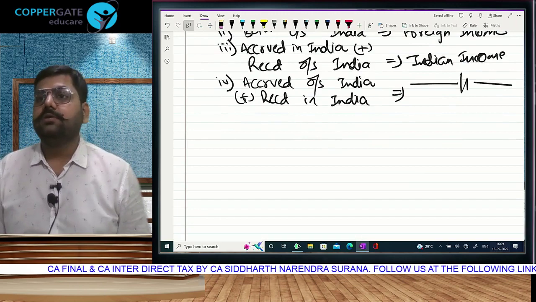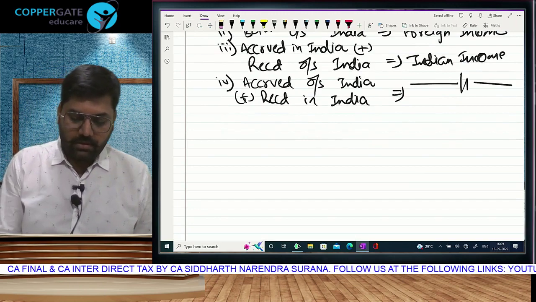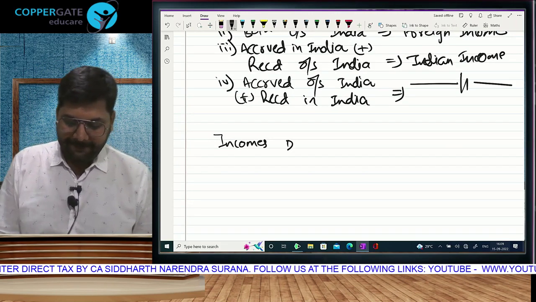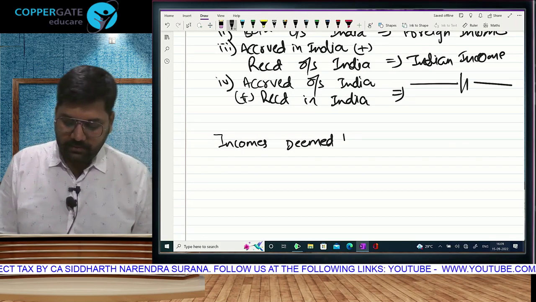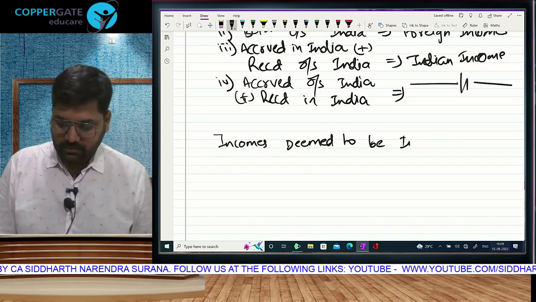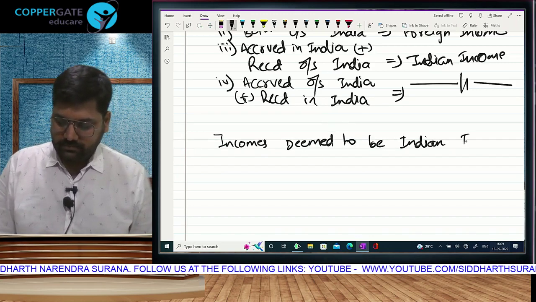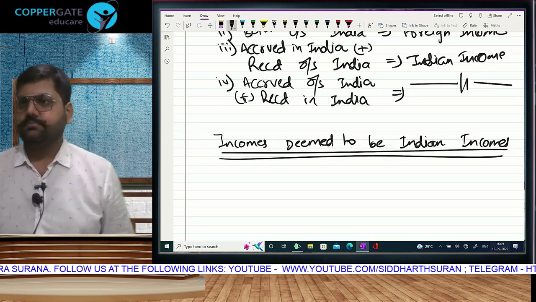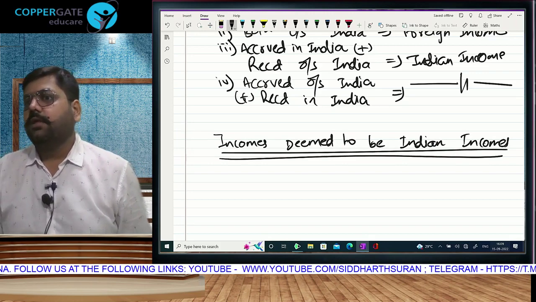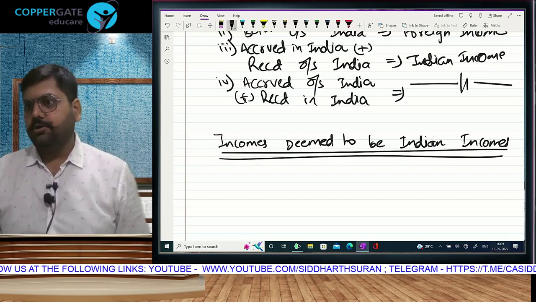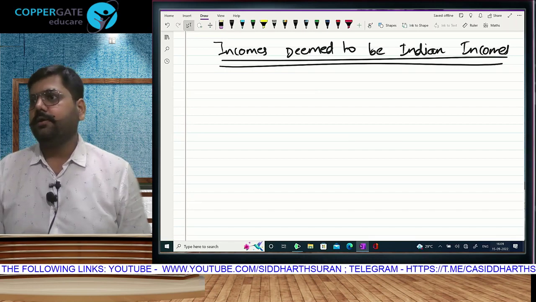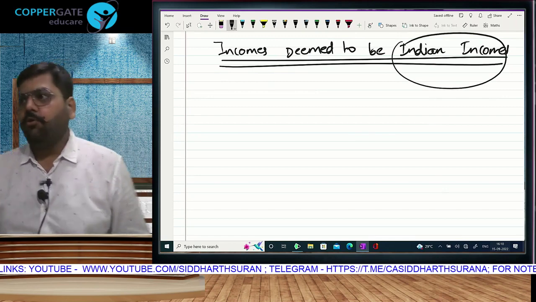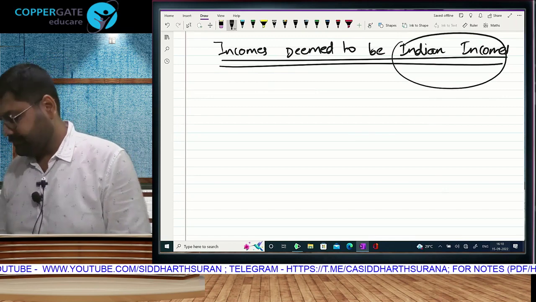Correct? Now comes a list of incomes which are deemed to be Indian incomes. Income which is deemed to be Indian income. Once an income becomes Indian income, what is the tax effect?